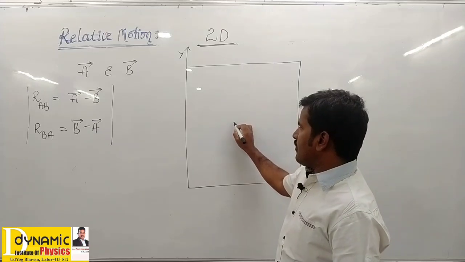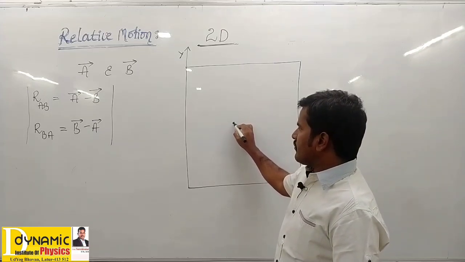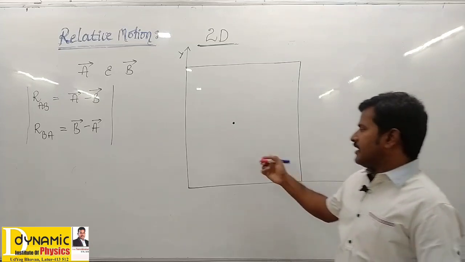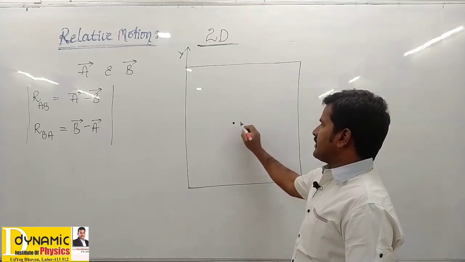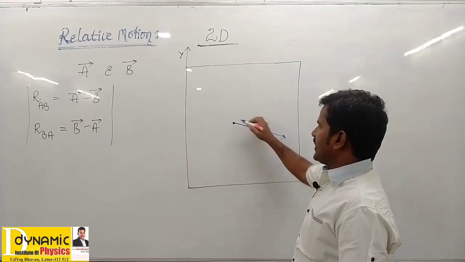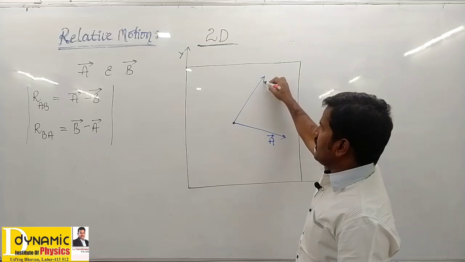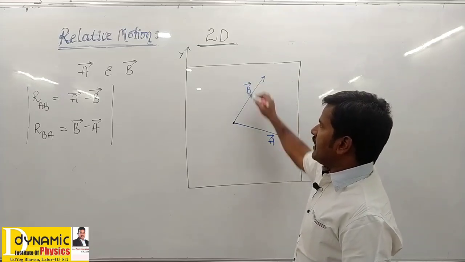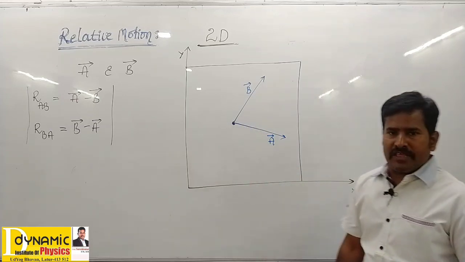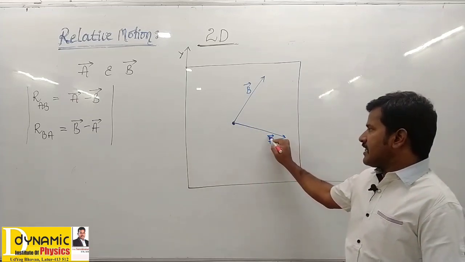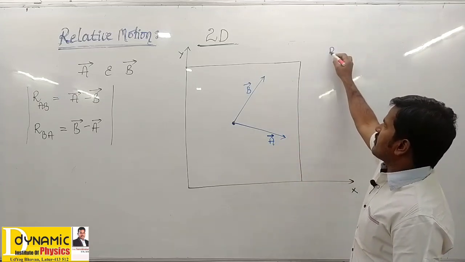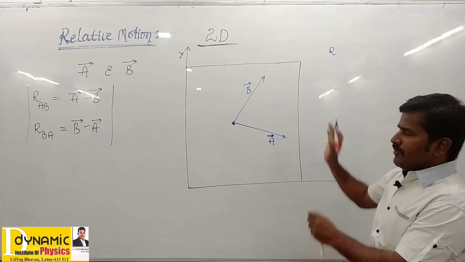In this two-dimensional motion, we are using two vectors. One vector is the A vector, another vector is the B vector. A vector and B vector start from the same position. Suppose these are relative displacement, relative velocity or relative acceleration.